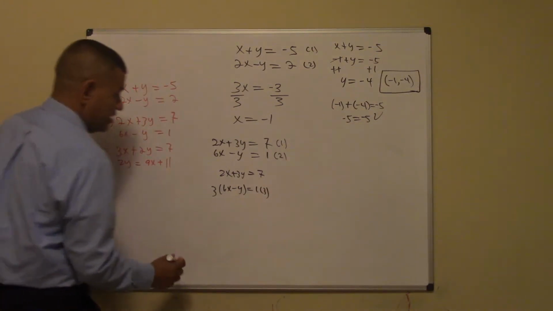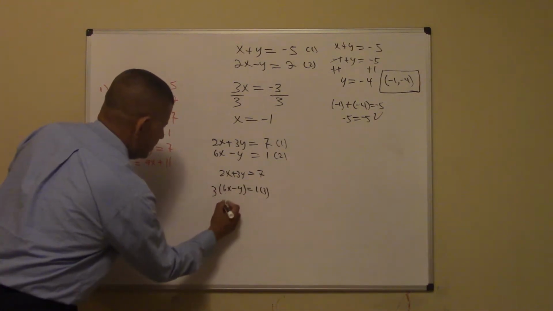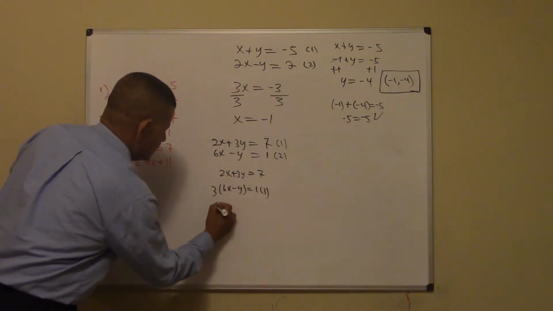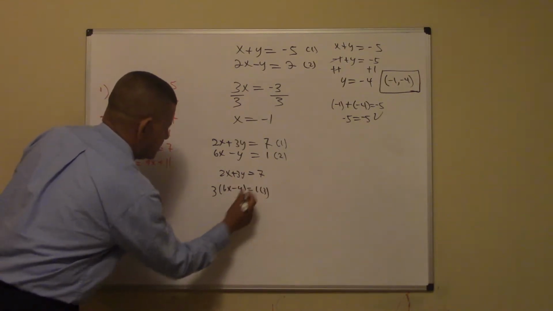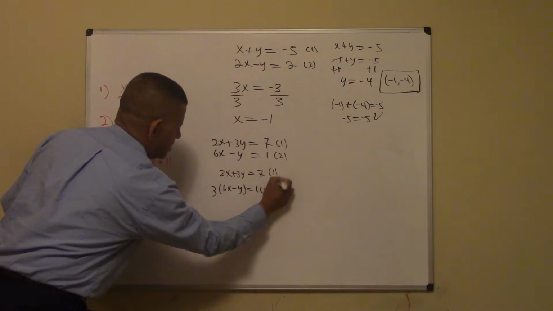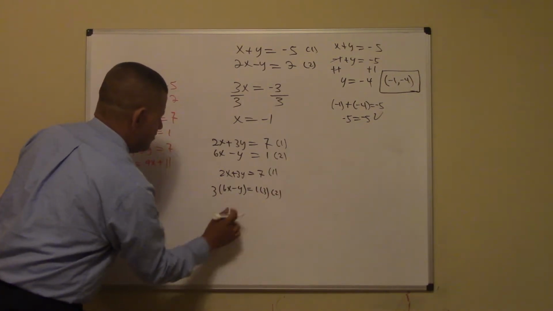So when I multiply this one, equation number 1 stays the same, right? This is number 1, this is number 2. Equation number 2 is going to change a little bit.